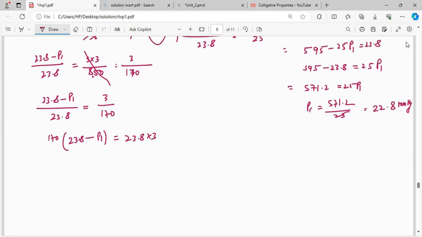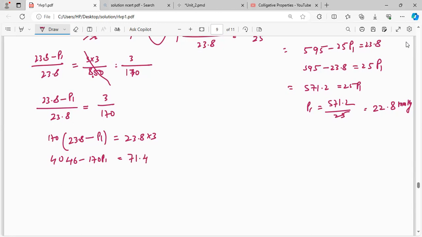Are you getting this? Yes, sir. 23.8 multiplied by 170 is coming 4046, minus 170 P1 is equal to 23.8 multiplied by 3, which is 71.4.